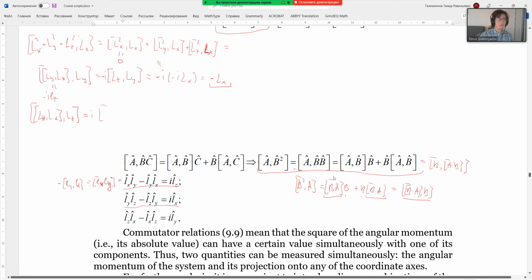So i Ly Lz, and equal to i Ly Lz equals i Lx.